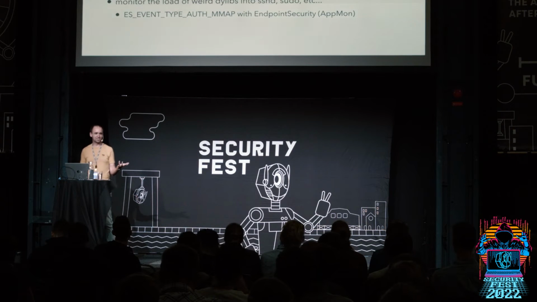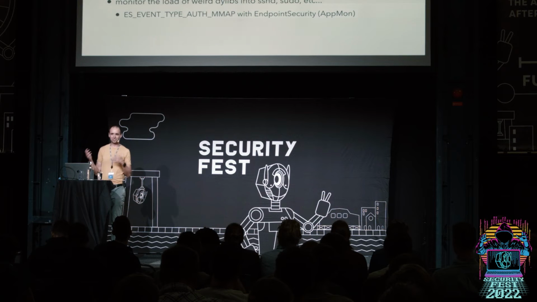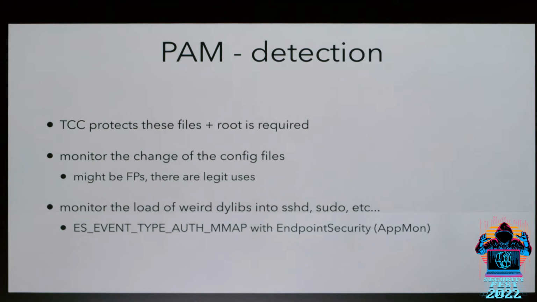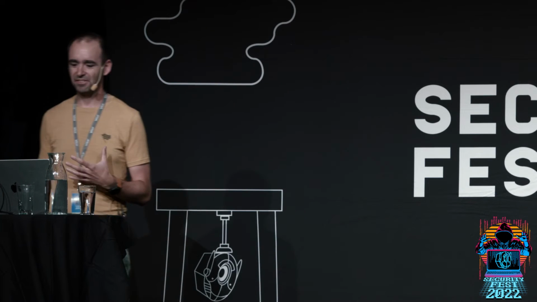So monitor for the change of these files, all the config files, and also if you have something like appmon, or I think the ELK agent can also collect various events from a Mac if you use an enterprise environment.